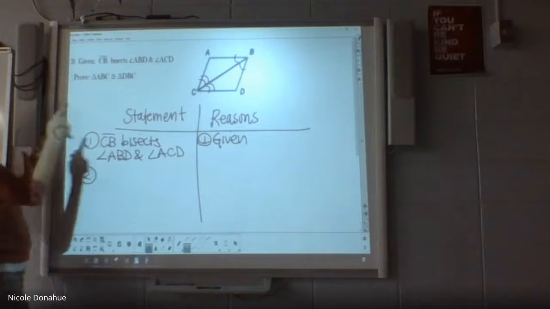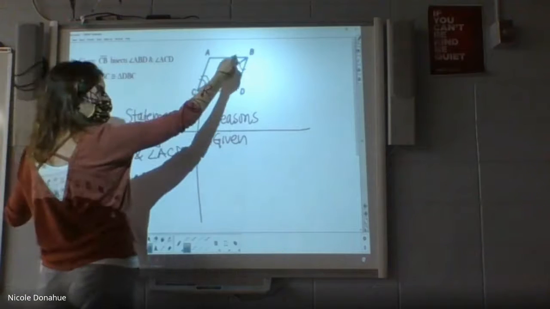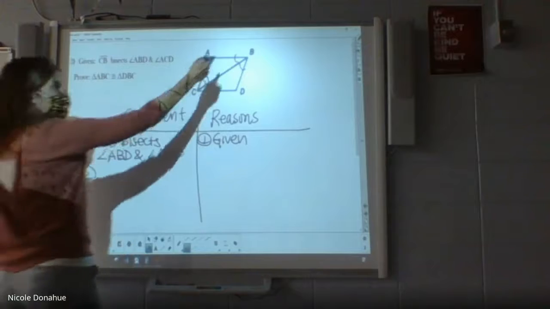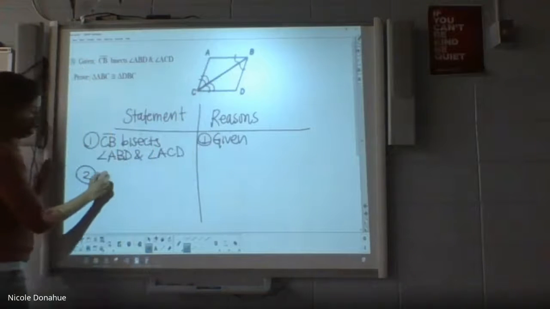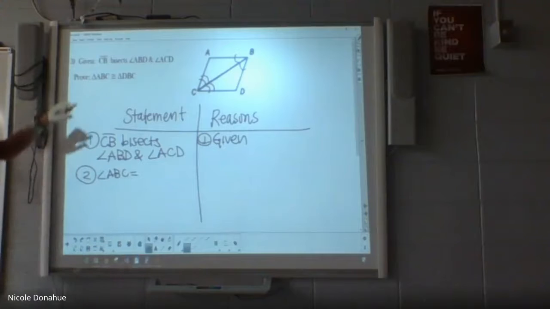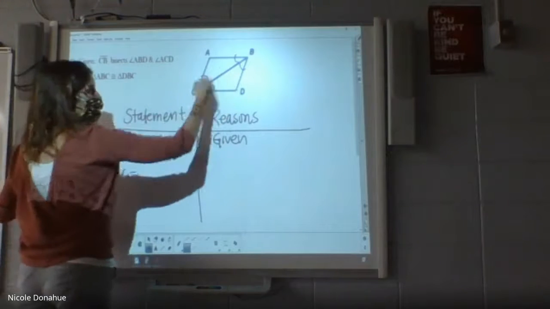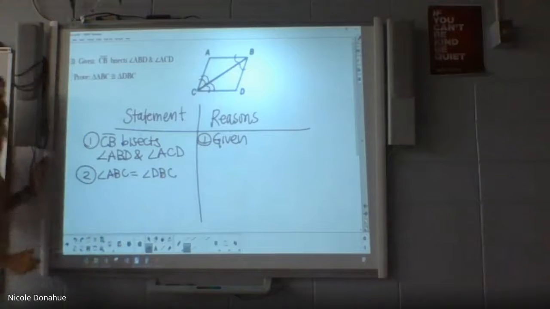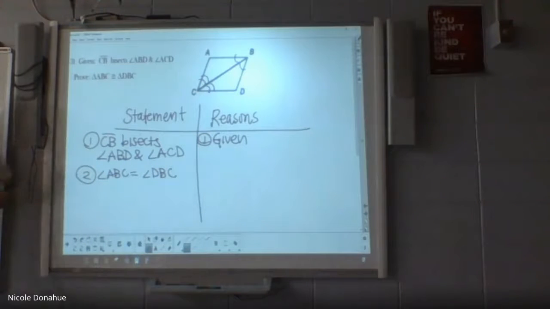So we want to say that these 2 angles are the same up here. Now, they're not all equal, so I can't set them all equal, but these 2 angles are equal. So angle ABC equals this one, DBC. And since it's the same reason, I'm gonna write it in the same step.